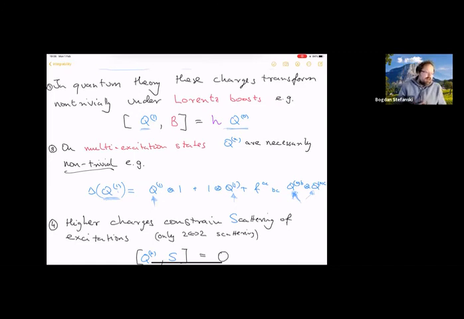Now, there are of course other points of view, and at the classical level we can certainly understand the formal relationships between the local and the non-local charges.